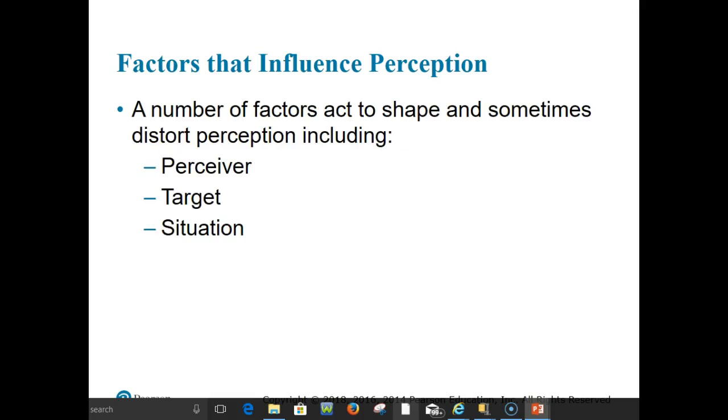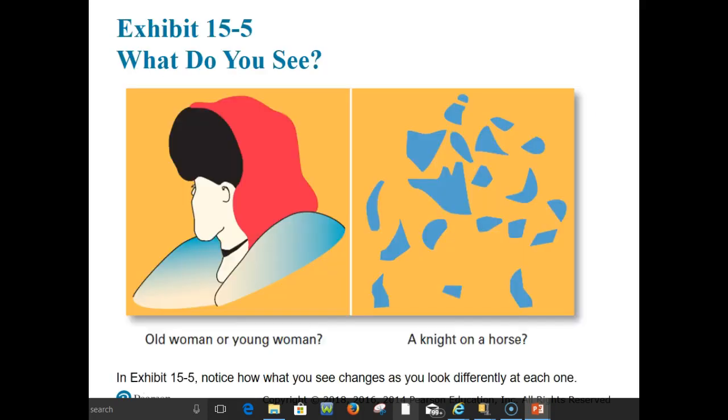Factors that influence perception: a number of factors act to shape and sometimes distort perception, including the perceiver, target, and the situation. So the characteristics of the target being observed can also affect what's perceived.